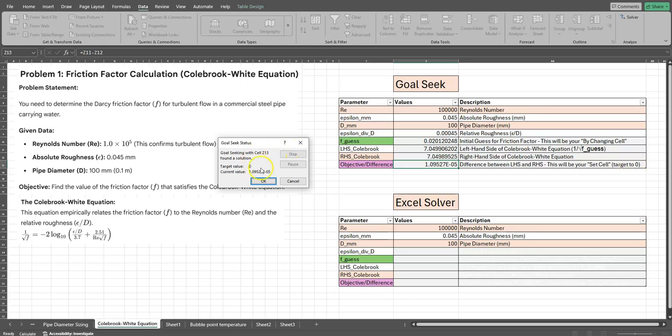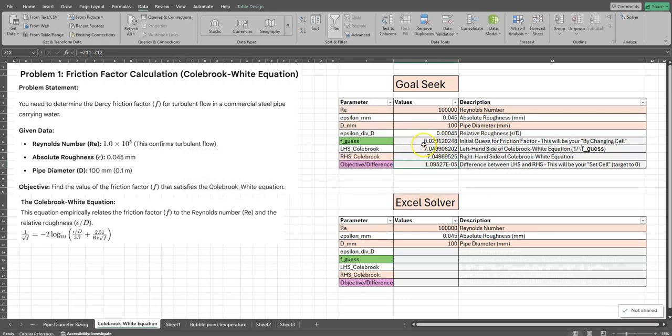The target is 0. The current value is 1.09527E-05, which is almost 0, and our F guess has changed to 0.02012. So that is the friction factor.